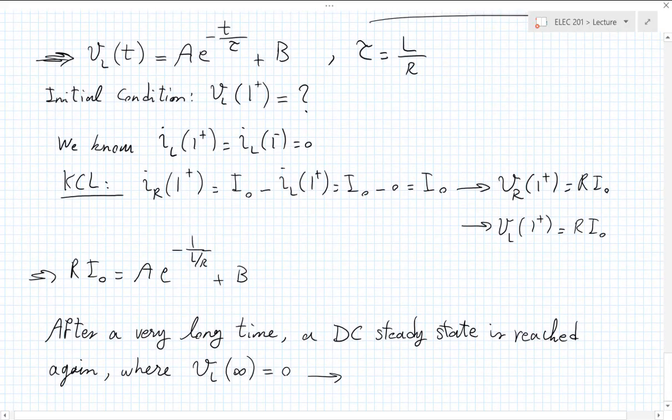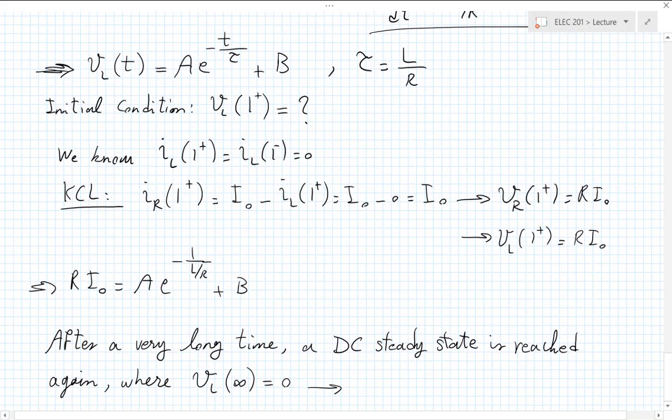Okay, so if you look at this equation up there, VL of t equals A e to the minus t over tau plus b. What does that tell us about A and B? If after infinite time that V should be 0. Well, if I put t equals infinity, what happens to the exponential term?